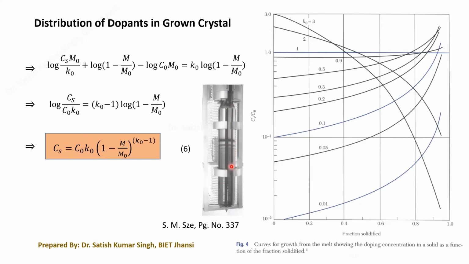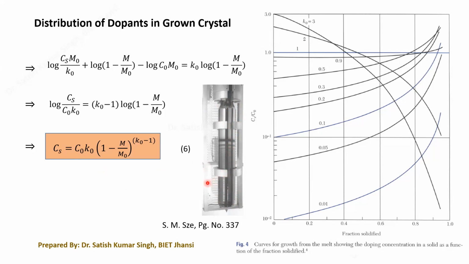This is our ingot, and it does not have uniform doping of impurities. Progressively, as we pull the crystal, at the top the doping concentration will be the minimum, and it will keep increasing progressively as we pull the crystal. At the bottom, you will find that the doping concentration of the impurity is the maximum, whenever K naught is less than 1.